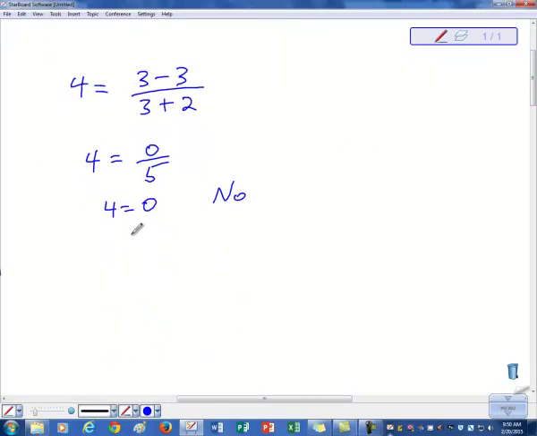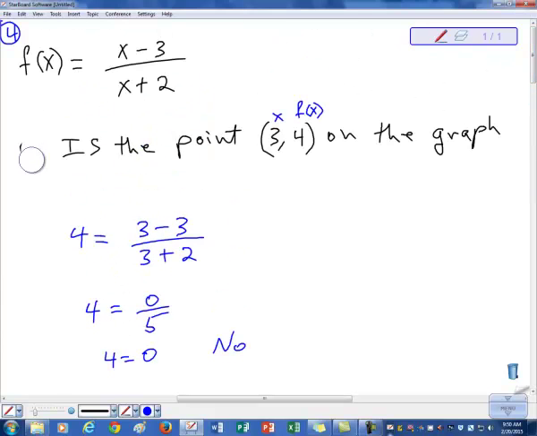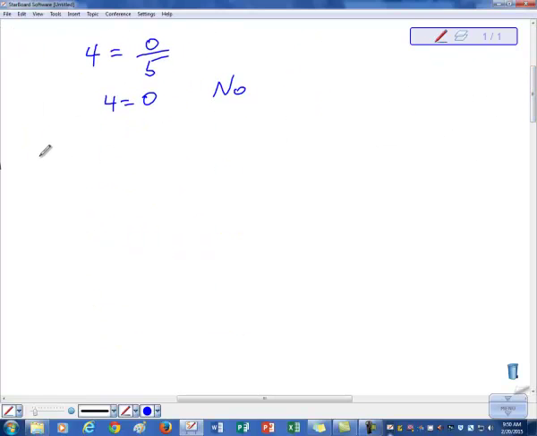Alright, next thing is, and we'll call this part A instead of 1. Part B: if x equals 4, what is f of x?